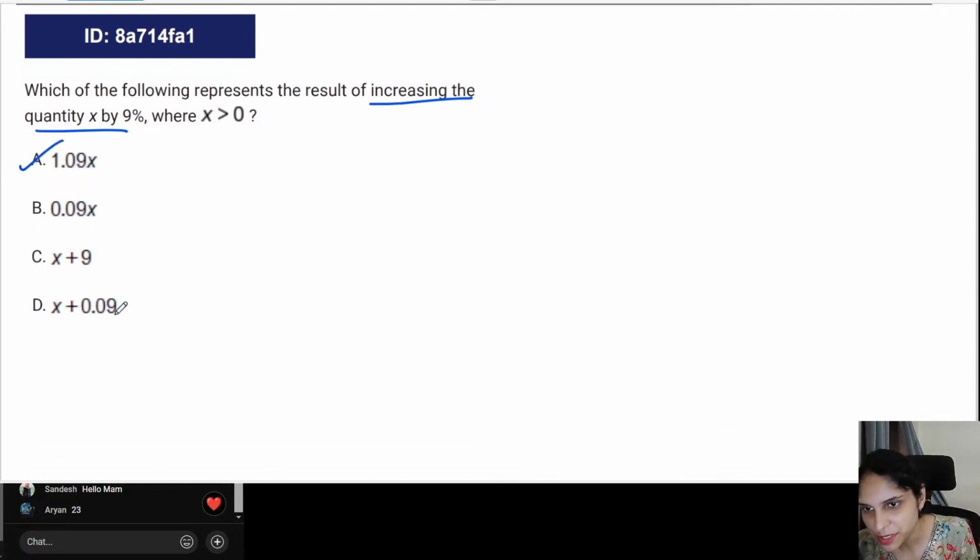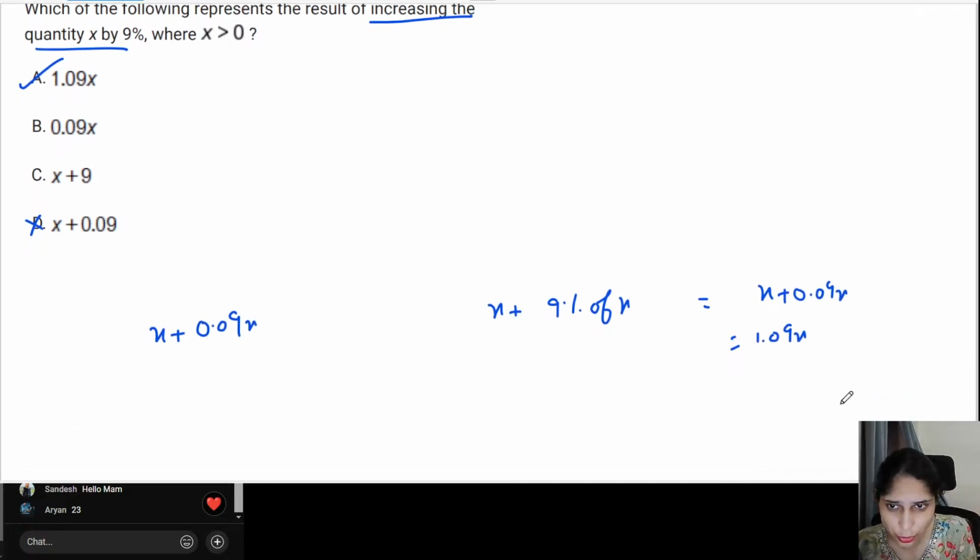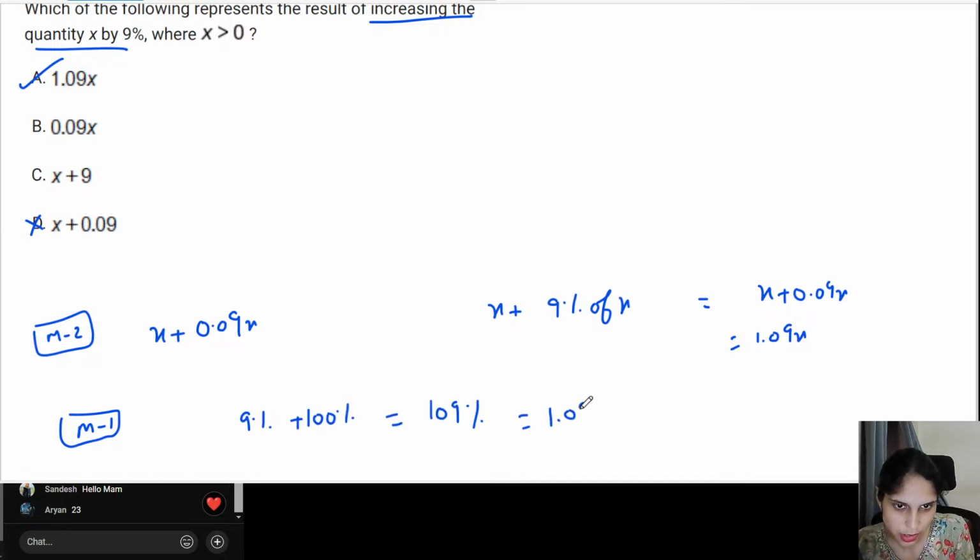So it's not going to be x plus 0.09, it is going to be x plus 0.09x, because it will be x plus 9% of x. That's why this is not the correct option. So x plus 0.09x is going to be 1.09x. I've solved it using method 2. The method that I like is you just add 9% to 100%. That is 1.09.